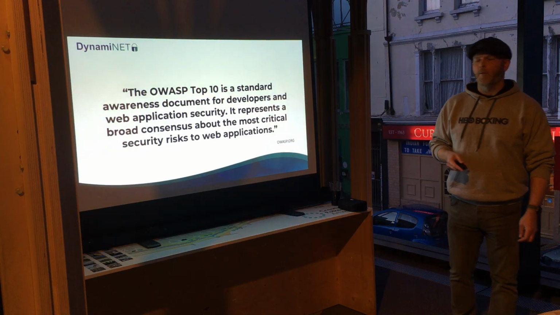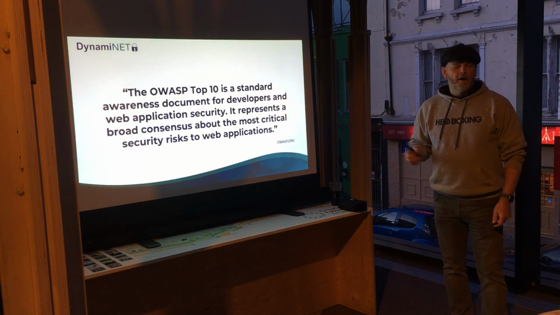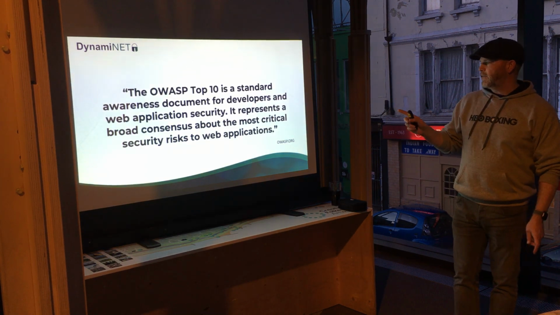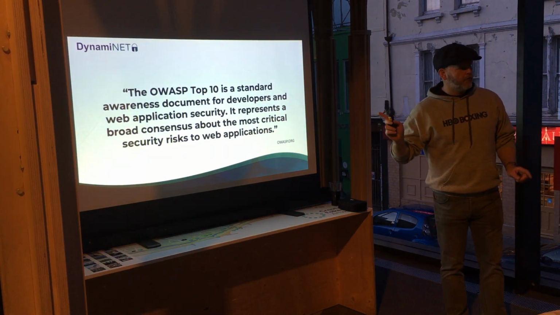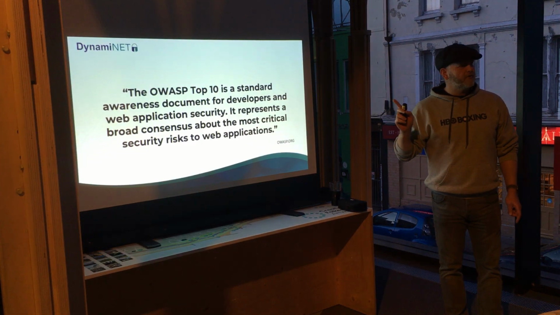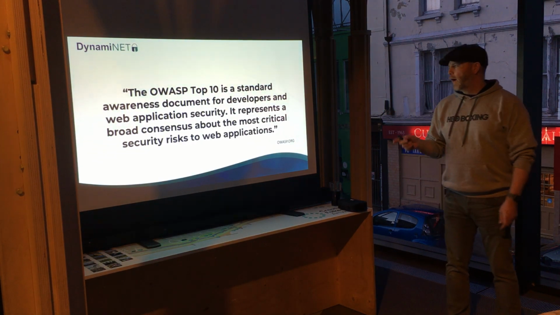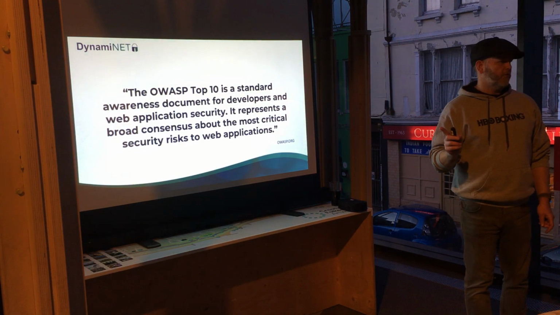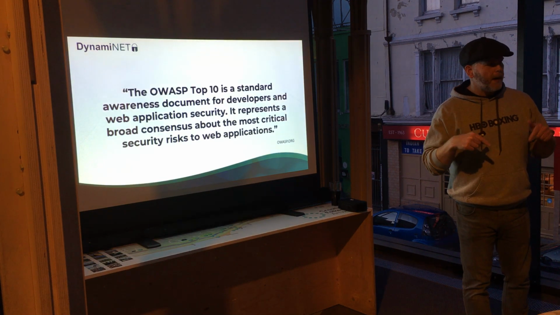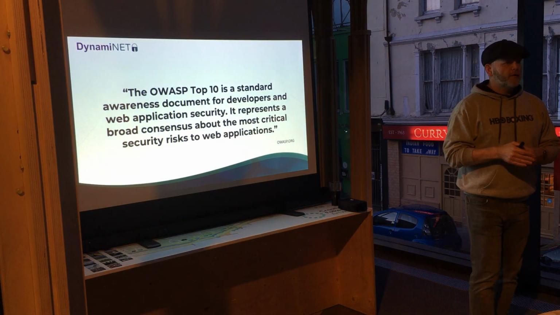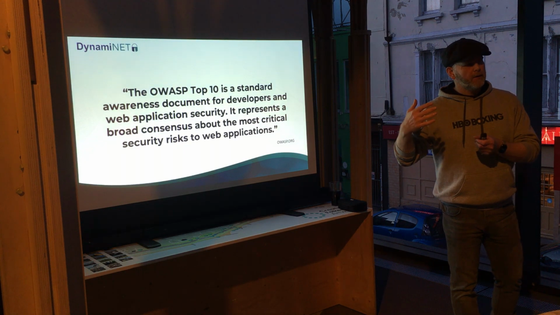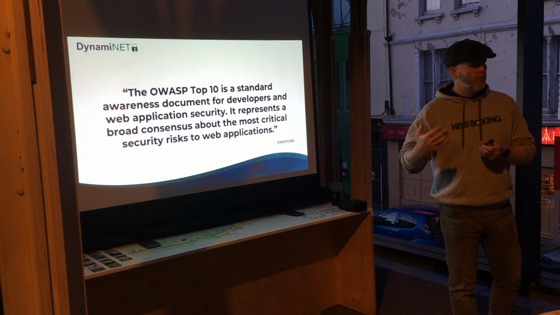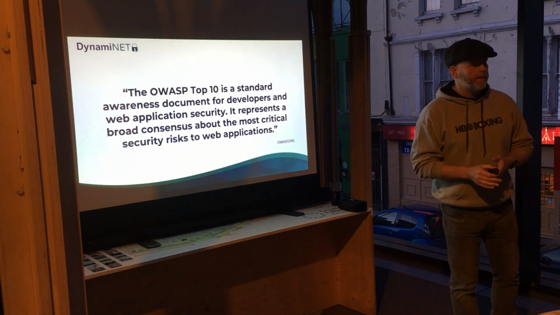I think the key words to pull out of this is it is a standard awareness document. It's not a standards document, it's an awareness document. And it's for developers and security, and it specialises in web applications. So there is some use for it in looking at security of networks and so forth, but really this is about web application security.